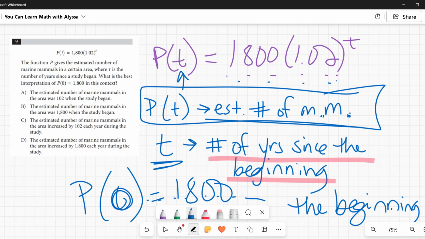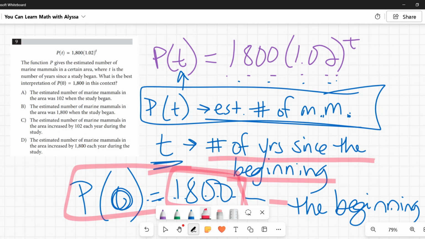So at the beginning, the estimated number of marine mammals was 1800. That's my hypothesis: this statement that P of 0 equals 1800 means that at the very beginning, before they even started doing anything, there were 1800 marine mammals.